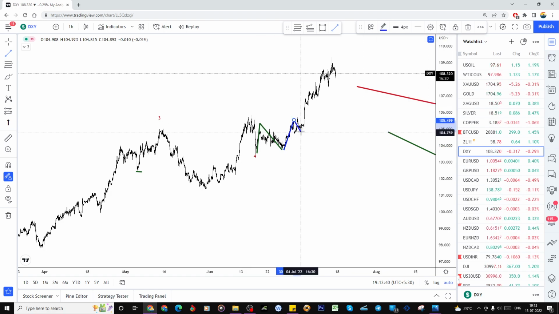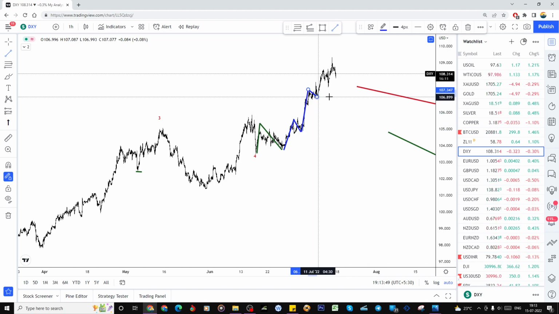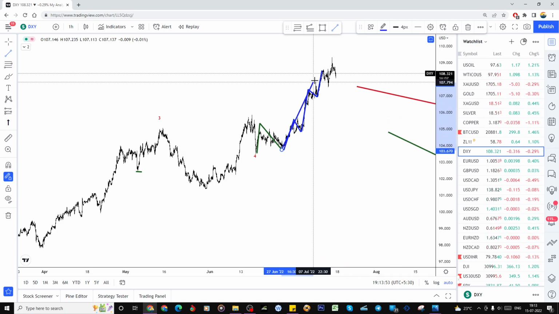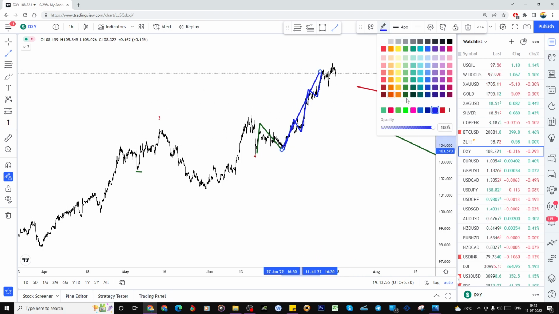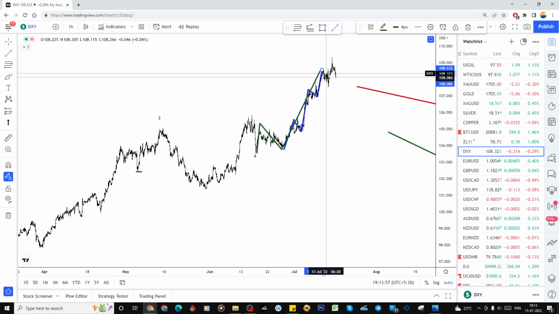So this is the 2 and later onwards this is the 3, and this is the 4 in running flat and the fifth is completed. The whole thing is the third wave, in green color. And this irregular flat formation is the 4, and this is the 1, and the 5 is achieved.